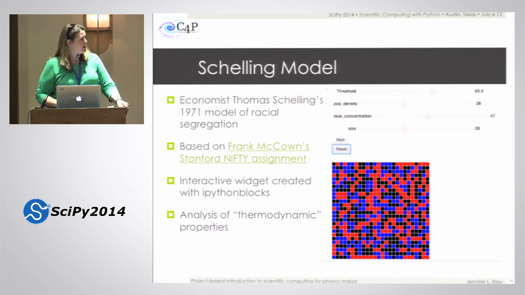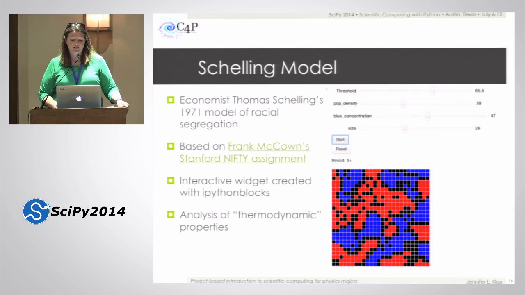So what you see here is a grid of red and blue agents, and you can model their affinity for each other, or set a parameter, the tolerance, for how well they want to be next to each other. The black are just empty spaces. What the student did was set this up, allow you to change the parameters, and then hit start.